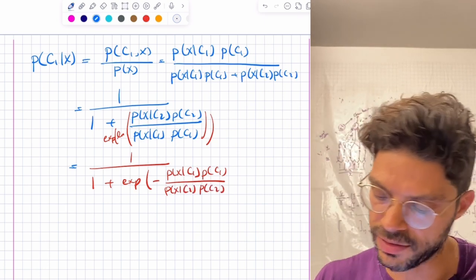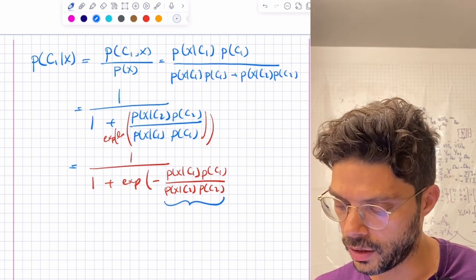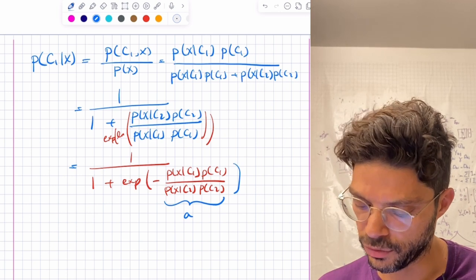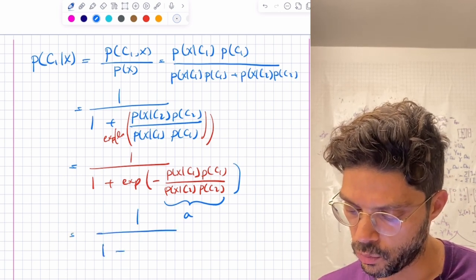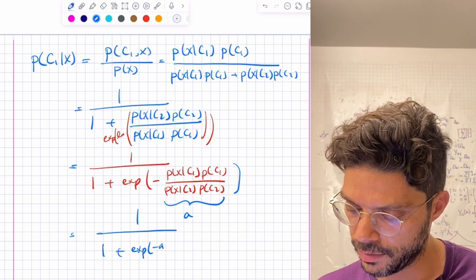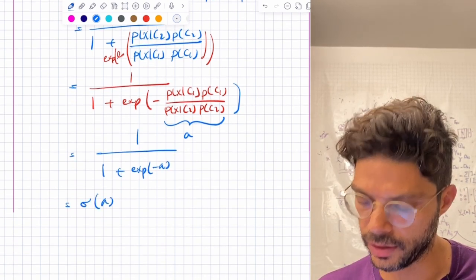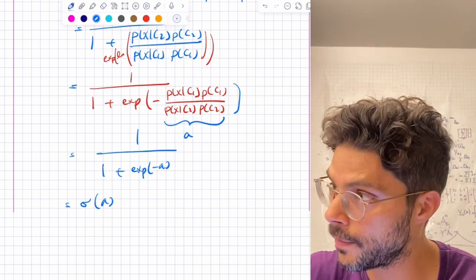Then we're going to call this thing A. So this is 1 over 1 plus e to the minus A. We're going to call this function a sigmoid. So it's going to look like, you guys can still see.